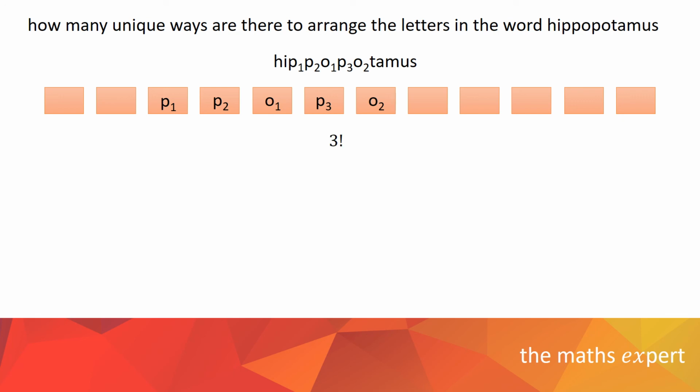Then I could switch the O's around and do the same thing with the P's. There are 2 factorial different ways to arrange the O's, so 3 factorial times 2 factorial different ways to arrange them all. Therefore, the final answer would be 12 factorial divided by 3 factorial times 2 factorial, with the 12 factorial relating to the number of slots.